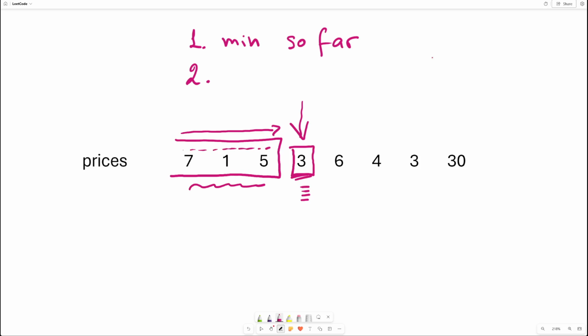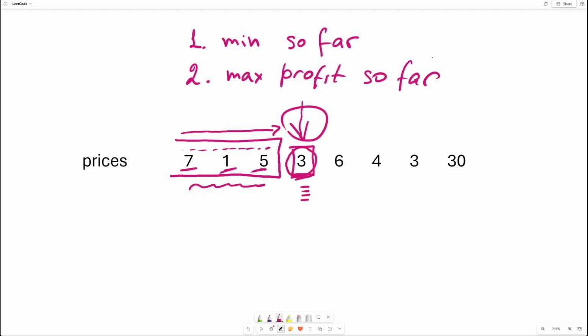Second bit of information would be, what is the maximum profit so far? If we somehow know the maximum profit, if the sales date was somewhere prior to today, then we could easily decide whether today is the best day to sell.